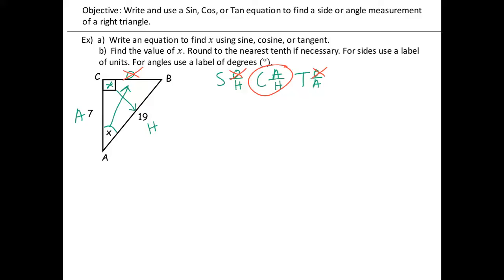Alright, now what I'd like you guys to do is write your equation for me. Cosine of blank is equal to blank over blank. Write your equation for me.